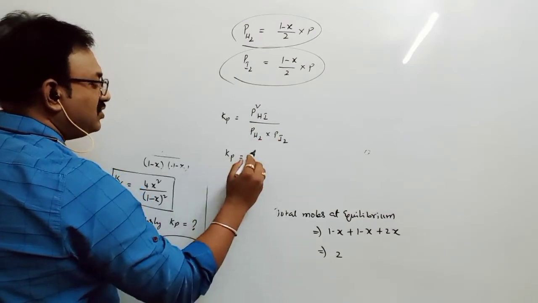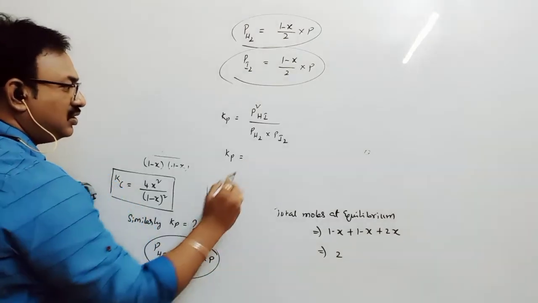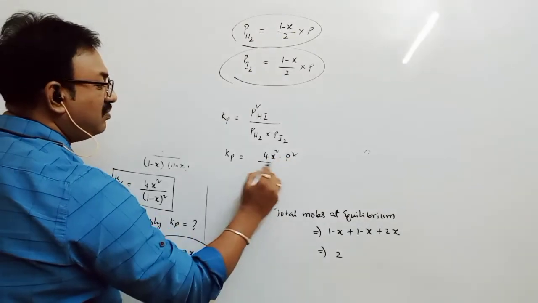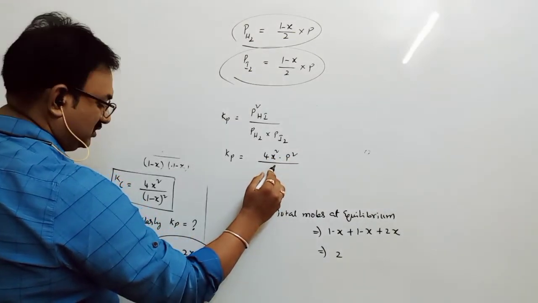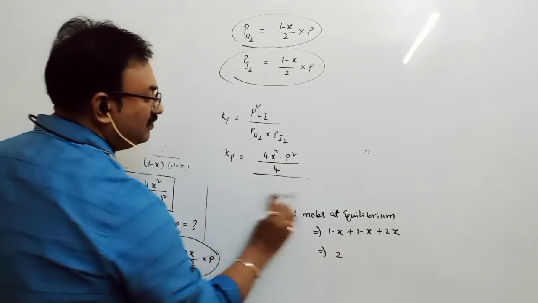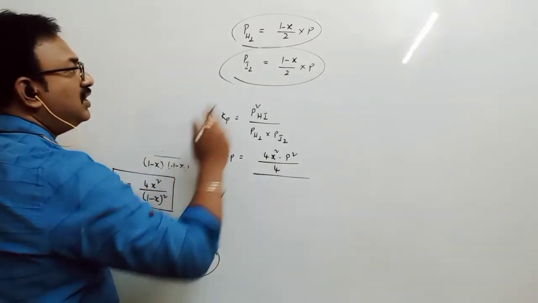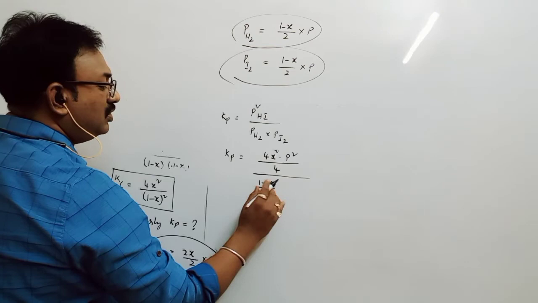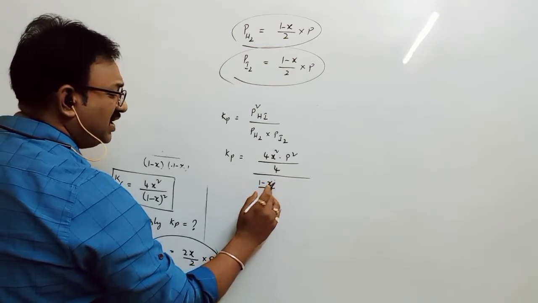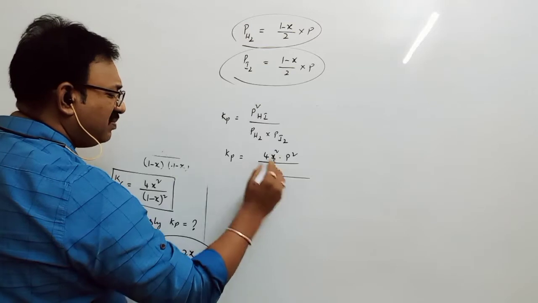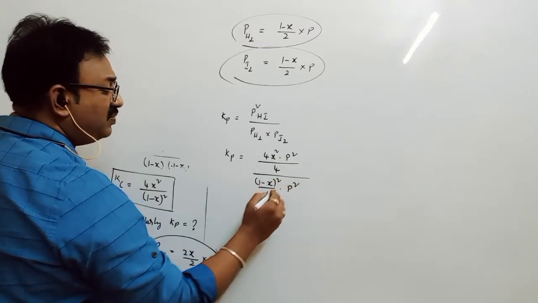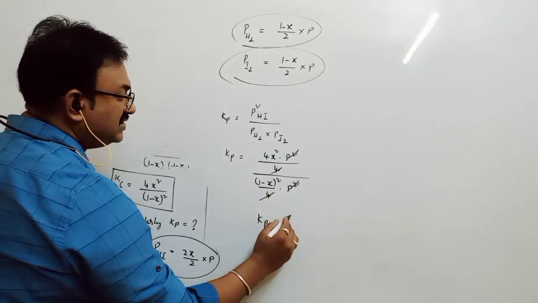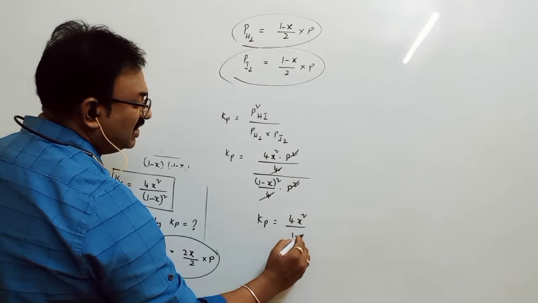So Kp is equal to 2x whole square, meaning 4x square into P square, by 2 square, meaning 4, divided by the product of these two, 1 minus x by 2, which we can write as 1 minus x whole square multiplied by 4 into P square. 4 gets cancelled. P square gets cancelled. So Kp is equal to 4x square by 1 minus x whole square.